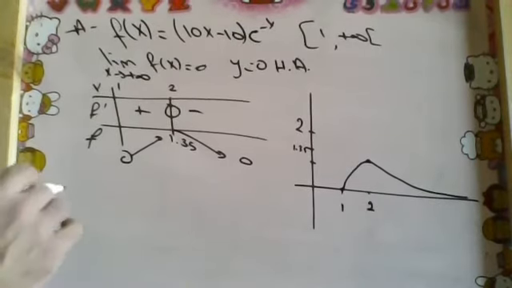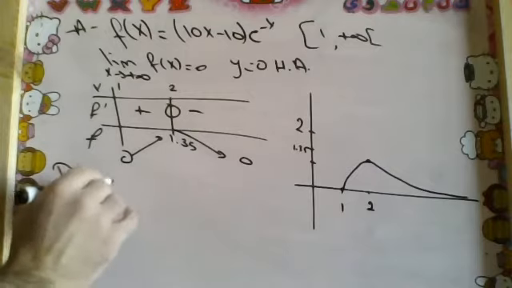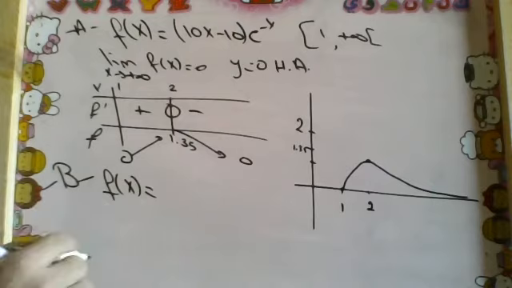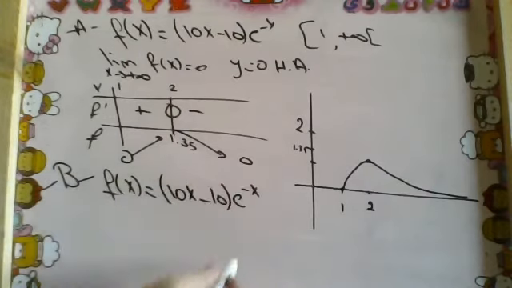Any questions about it? Do you have any questions? Importantly, a company produces a certain type of objects. The demand function f and the supply function g, defined over the interval [2, 10], are respectively modeled by f of x equals 10x minus 10 e to the power negative x, the same function.